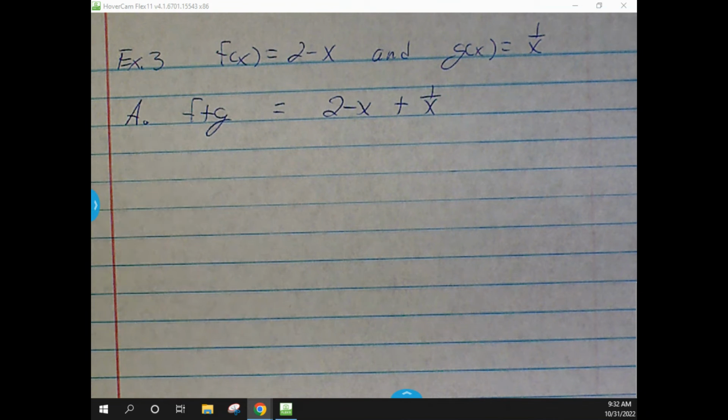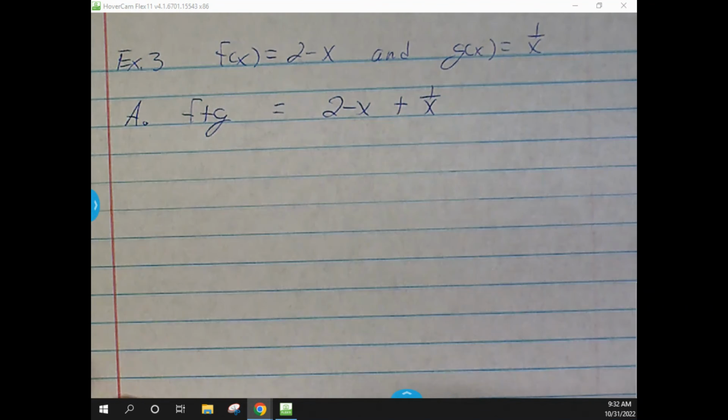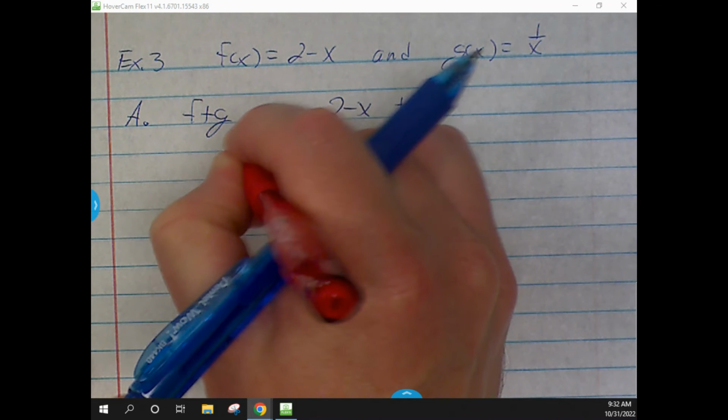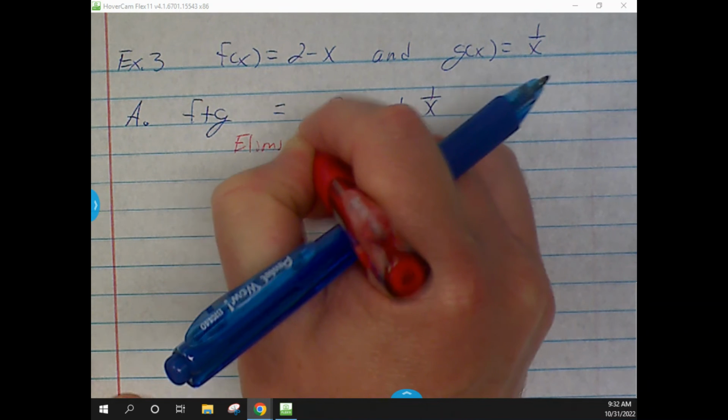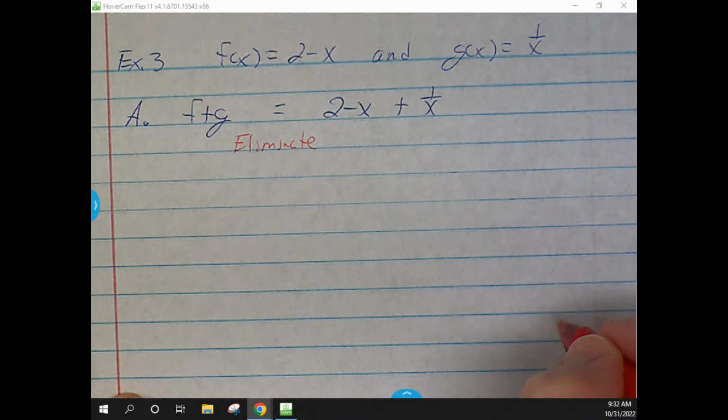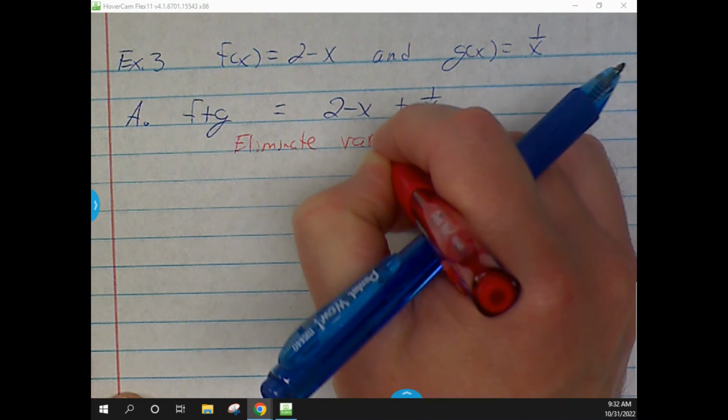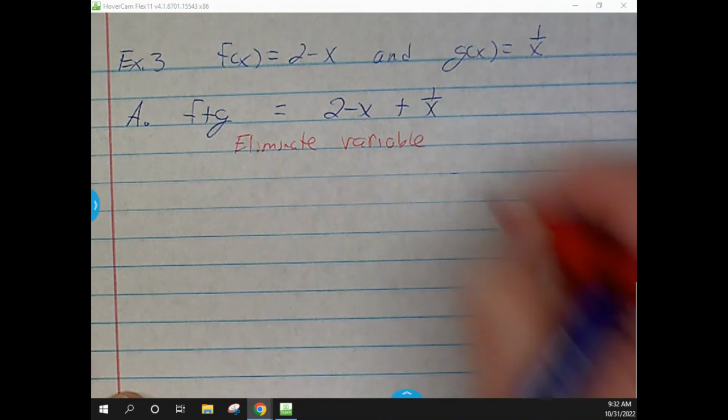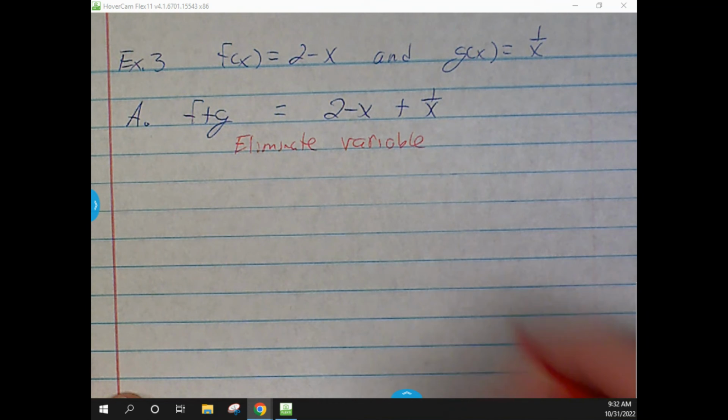It's okay if you've got a number in the denominator, but if you've got an x in the denominator, a lot of times they don't like that. So what we're going to do is eliminate variable denominators. That's probably what they would tell you to do in the question. So eliminate variable denominators.